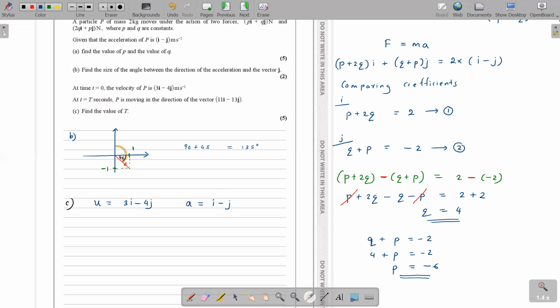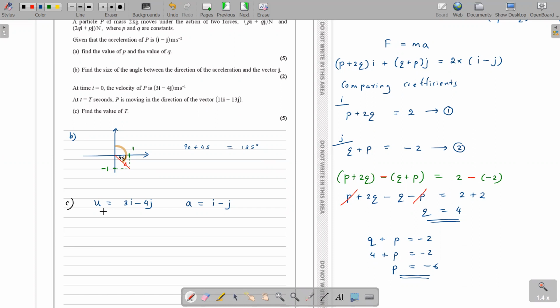So how can we get the final velocity from this? When they say your velocity is moving in this direction, it means your final velocity is parallel to this direction.